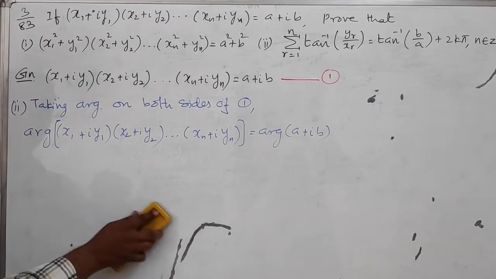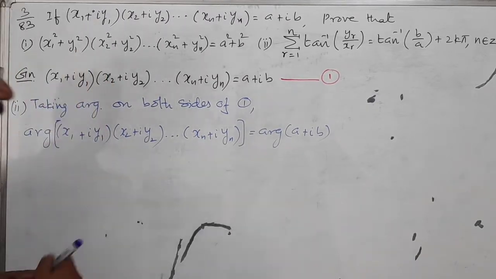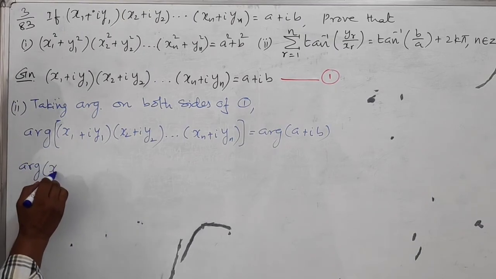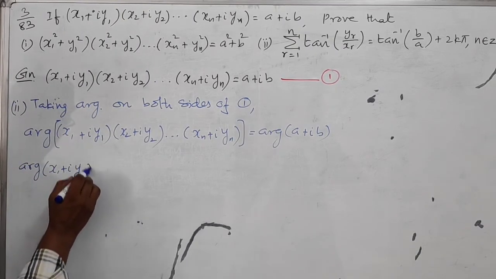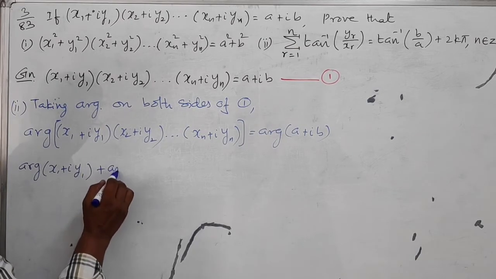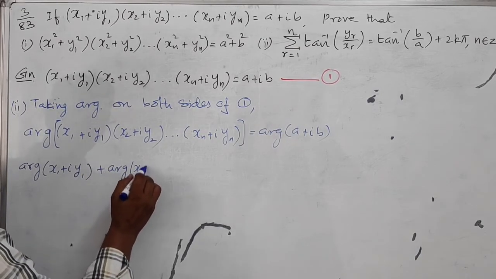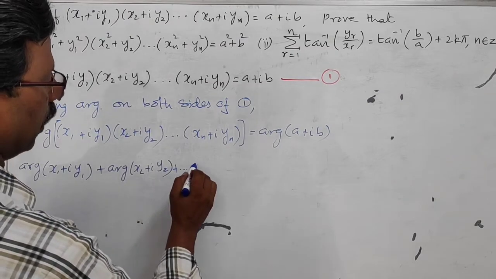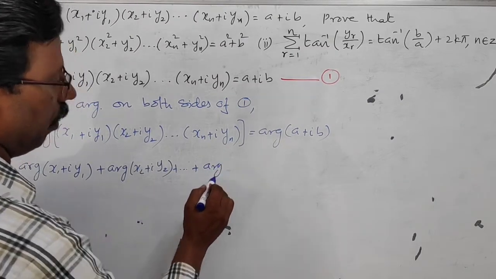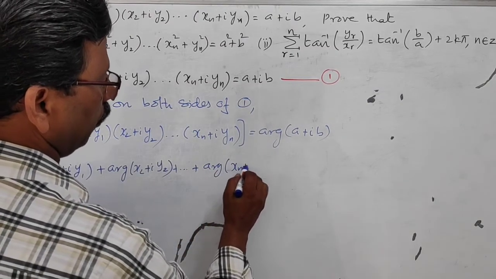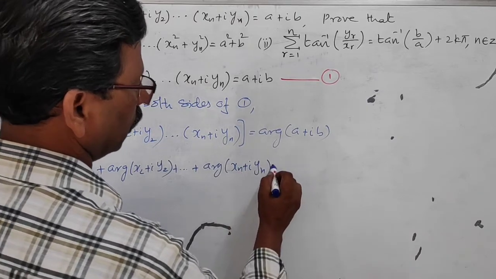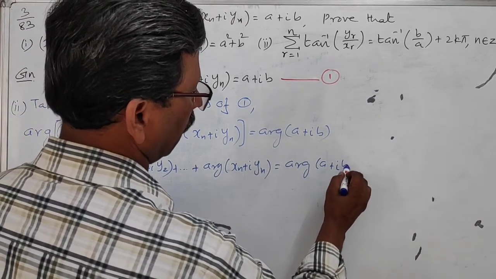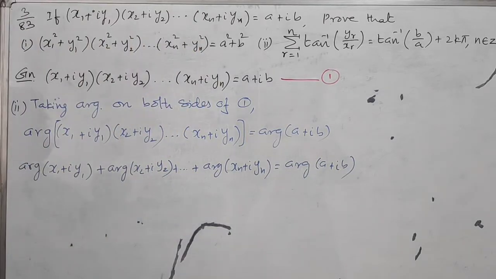Argument of the product of the complex numbers is nothing but the sum of their arguments. Therefore, this is argument of x1 plus iy1, plus argument of x2 plus iy2, plus and so on, plus argument of xn plus iyn, which is equal to argument of a plus ib.